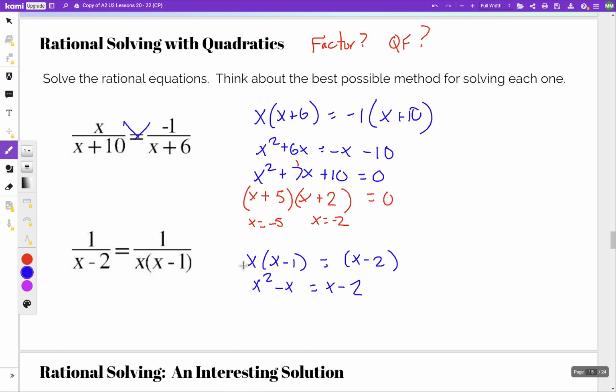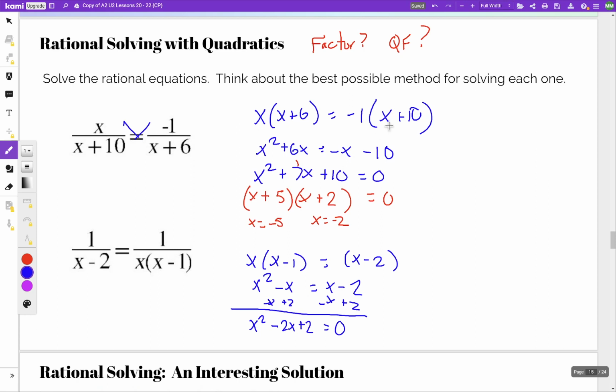So what I'm going to do is subtract an x from both sides, because the x squared's here, and add 2. And I got x squared minus 2x plus 2 equals 0.